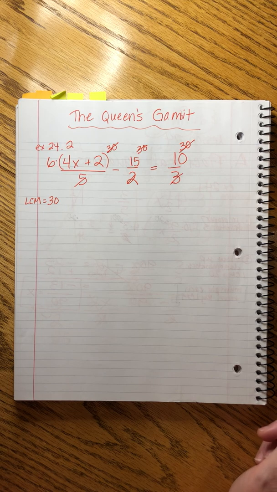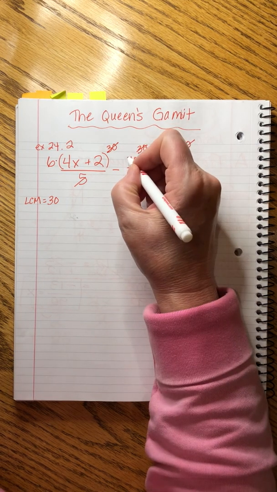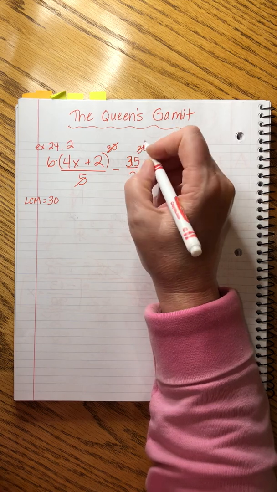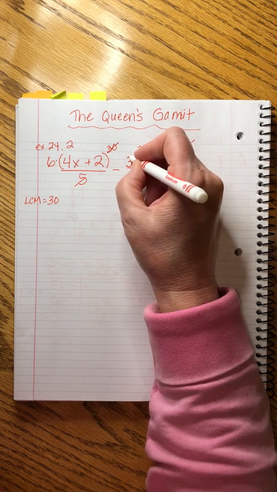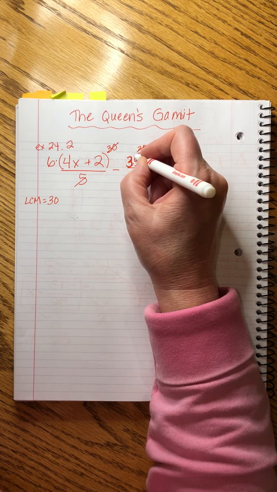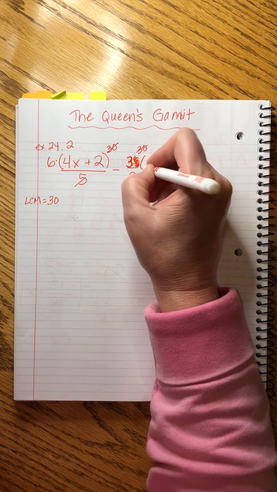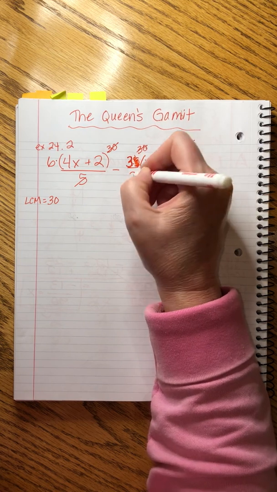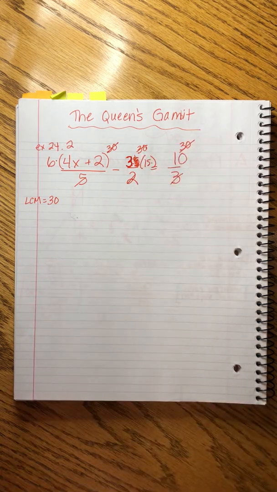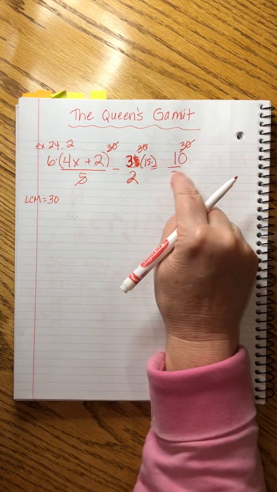Except I see a mistake I made. I made a mistake in writing down the problem. This is a 3. So 30, 10 is 15. So this is 3 times 15. The 15 is the 30 over the 2, and the 3 is the number that should have been there in the first place. I thought it was a 1, but there's only a 1 here.